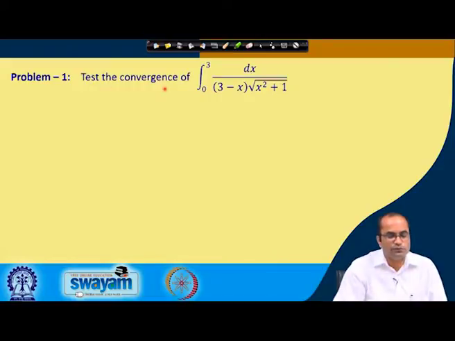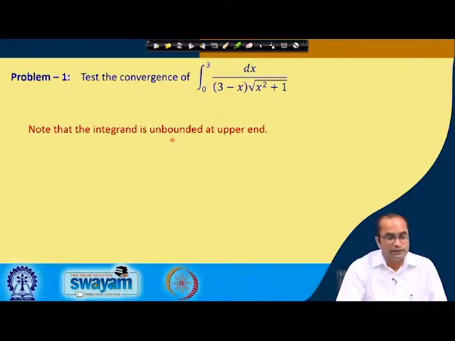For example, we want to test the convergence of this integral from 0 to 3 of dx over (3 minus x) times the square root of x squared plus 1. If we want to test the convergence of this integral, we should note first that the integrand is unbounded at the upper end.